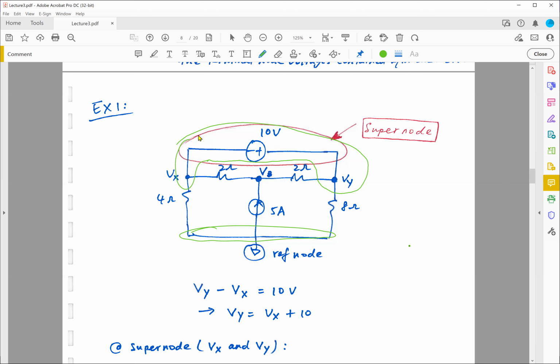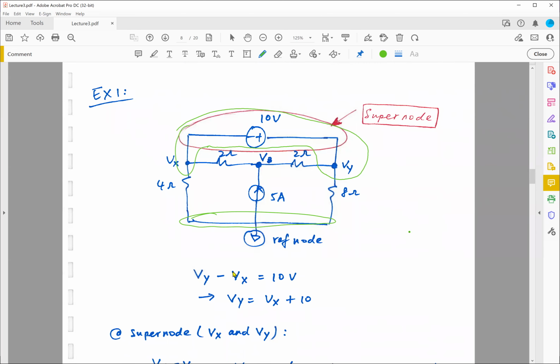Vy minus Vx, plus minus the negative, has to be equal to 10 volts. So Vy minus Vx is equal to 10. Therefore, Vy is equal to Vx plus 10.